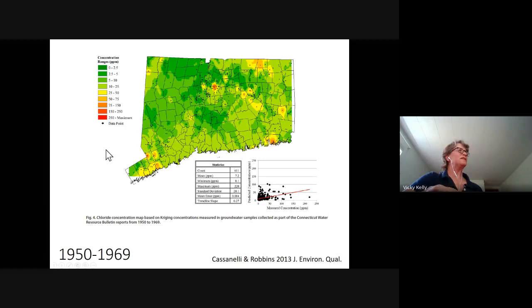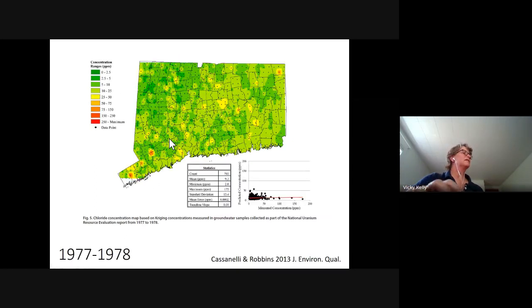By 1950 to 1969, you can see that there's less of the green color, more of the lighter green and yellow color, and there are some developing hot spots where the concentrations are relatively high. 1977 to 1978, again, an increase in the spatial area of higher concentrations and some more hot spots.